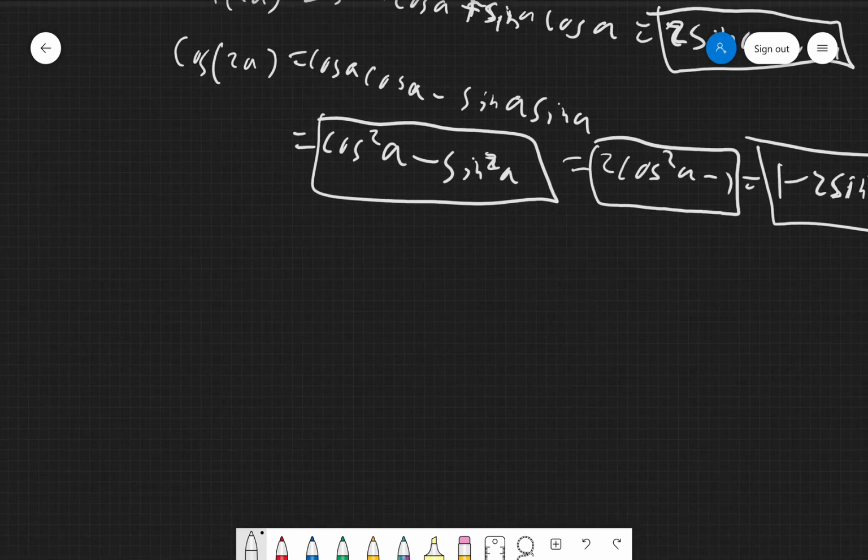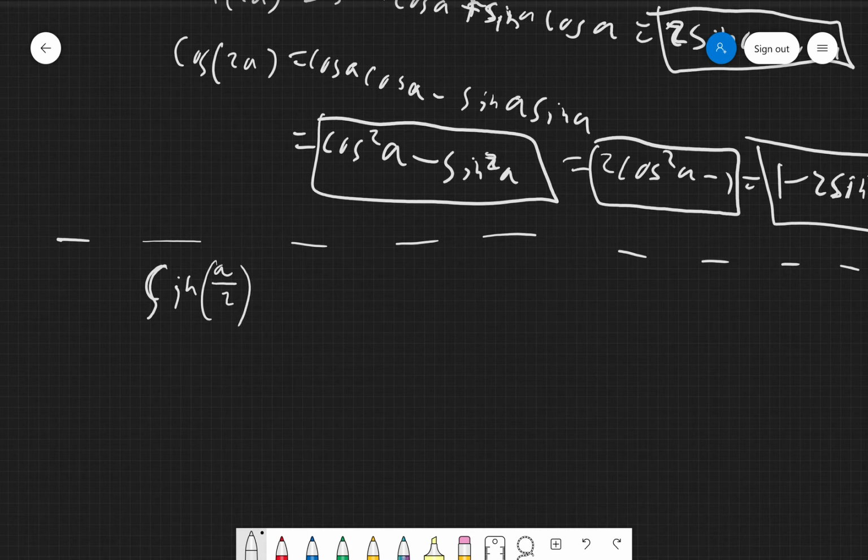So now you might be wondering, how are we going to find the sine of, say, a over 2? That's a bit harder. So what we're going to do is make a substitution for an angle.